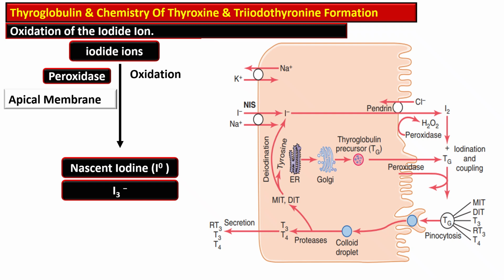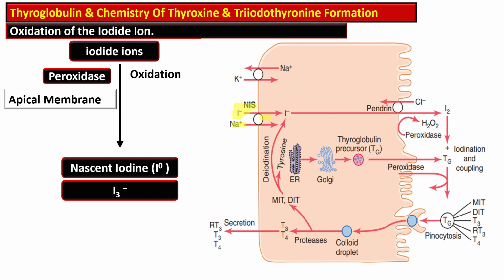A key step in thyroid hormone synthesis, before iodine can attach to the tyrosine residue in the thyroglobulin, is the oxidation of the inactive iodide form into an active iodine form capable of binding to tyrosine. So the starting molecule coming into the thyroid is iodine. This iodine is absorbed from the bloodstream into the thyroid follicular cell via the iodide pump, the sodium iodide symporter.